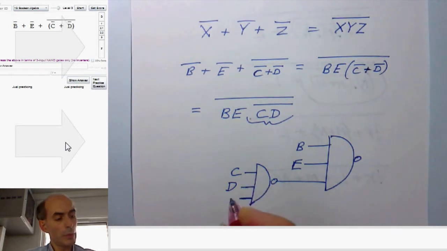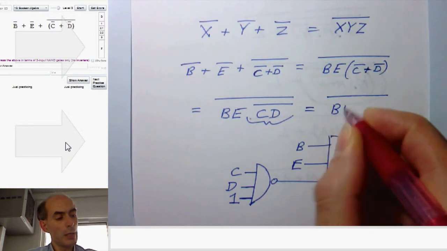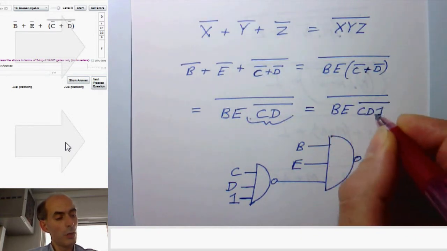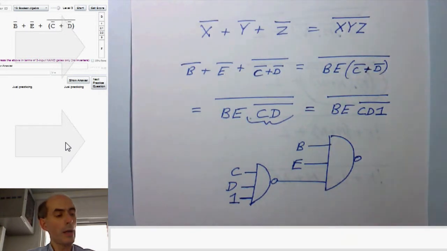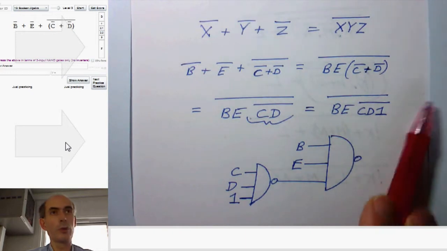And the trick here is to just set it equal to 1. Because with this set to 1, that behaves exactly like a 2-input NAND gate. So that should do. Just express it as not b, e, and then not c, d, 1.